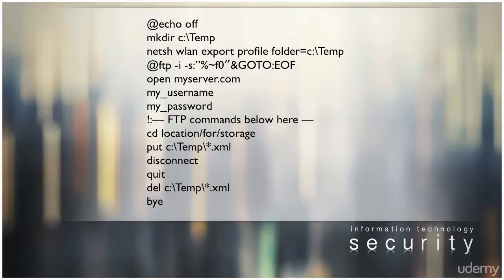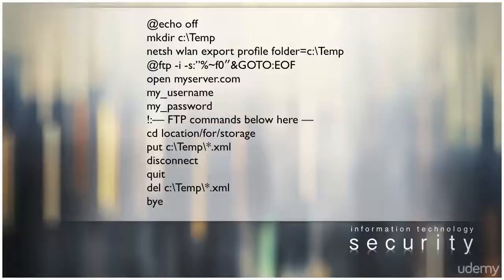The script not only exports the wireless profile with netsh wlan export profile folder=C:\temp, but it also opens a connection to your FTP server and copies over the XML file containing the passwords. After that, it deletes the directory where we have placed the XML.